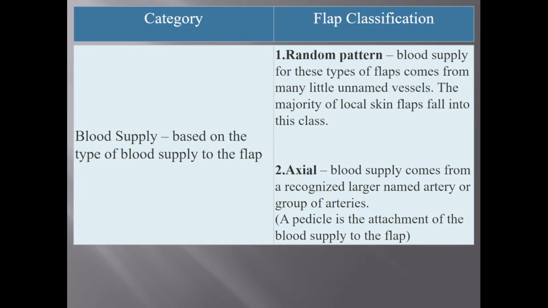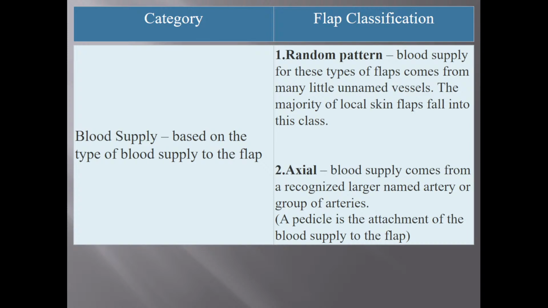And here you can see the definition of different types of flaps. It's a classification by blood supply. How can we classify our flaps according to the blood supply? Random pattern: the blood supply for these types of flaps comes from many little unnamed vessels or capillaries.